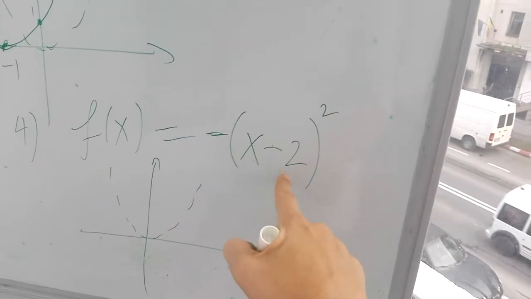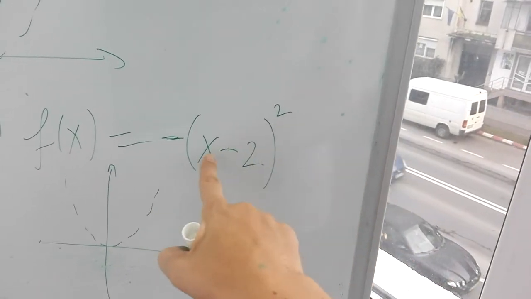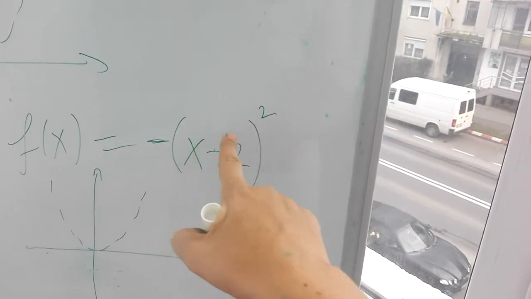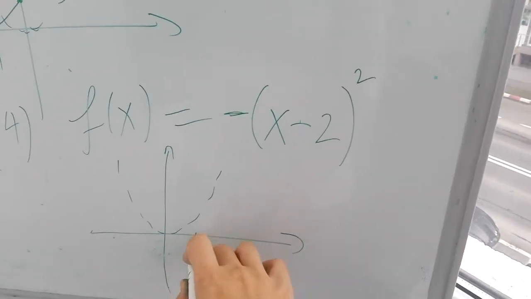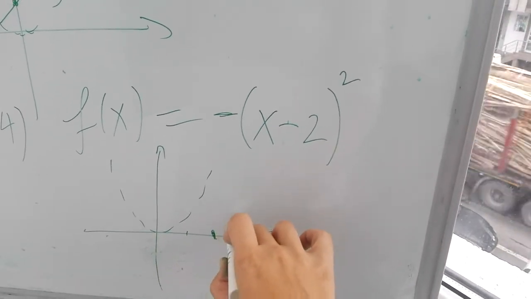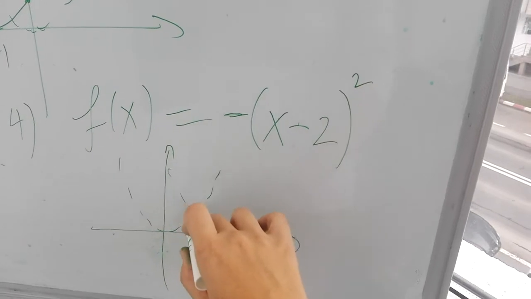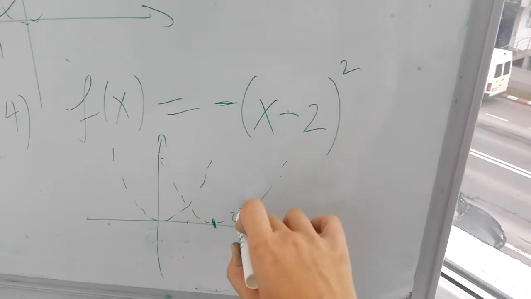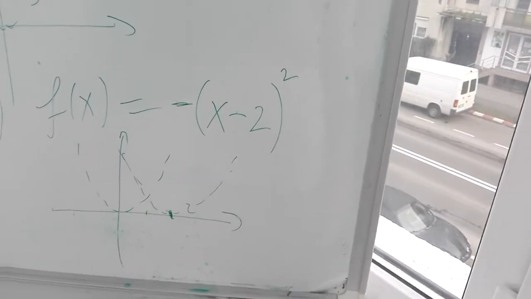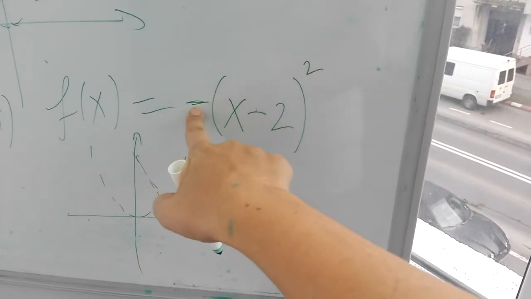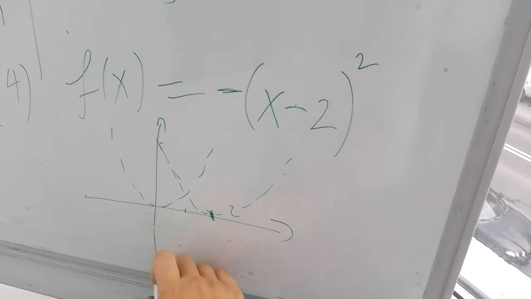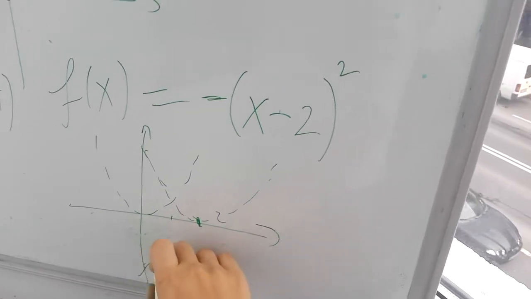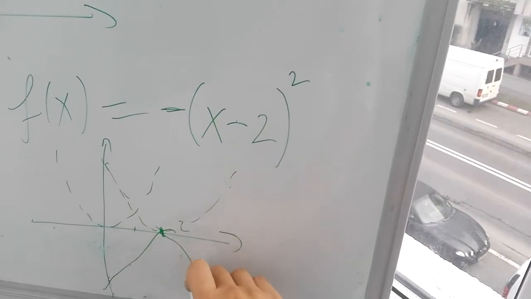The x minus 2 squared function means a movement to the right, 2 units to the right. Okay, so I'm going 2 units to the right. This would be my vertex. My graph will also be like this. Okay, and then since you have a negative in front of the whole thing, the negative will bring it down. So my whole graph will be something like this. Okay, oh, that's an ugly looking graph.